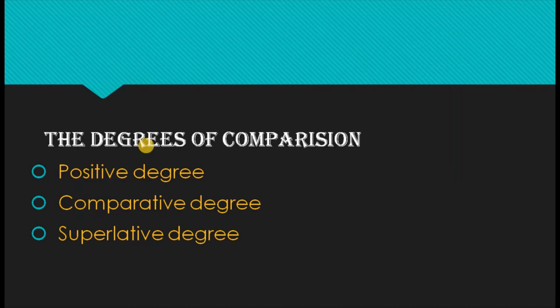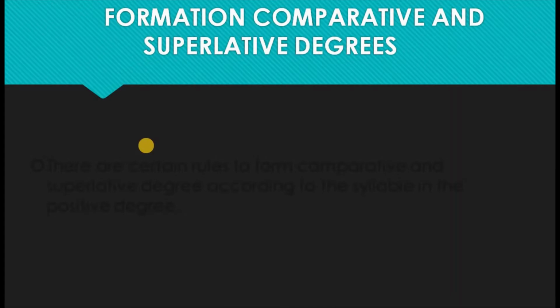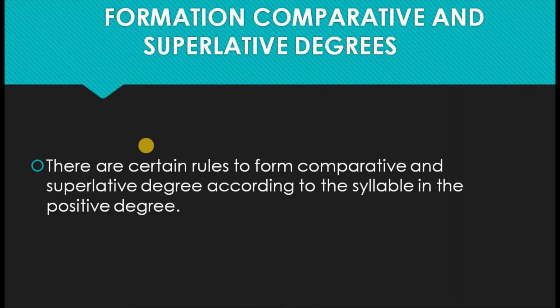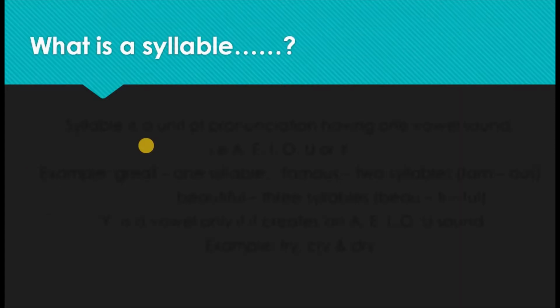Today, I'll explain to you the formation of comparative and superlative degrees. There are certain rules to form comparative and superlative degree according to the syllable in the positive degree. Before I explain the rules, let us understand the concept of syllable.